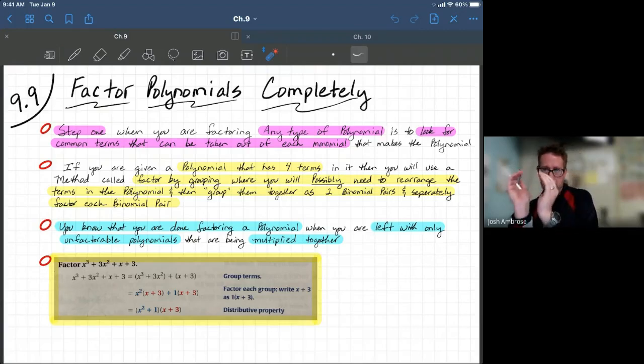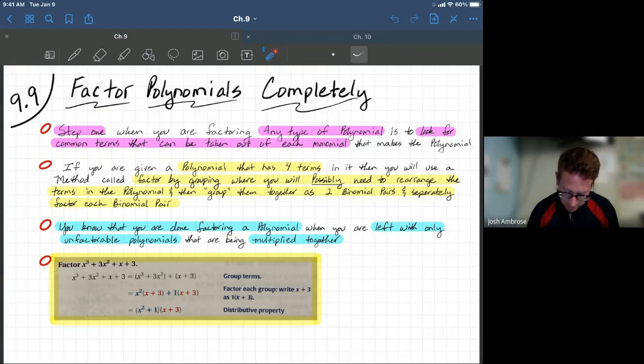Here's another binomial, 2 terms, all right? And you're going to see us work through a few of those. So that's this grouping mentality. 2 binomial pairs, all right? Remember, a binomial is 2 terms. And then what you're going to do is separately, key part, you will factor each binomial pair.